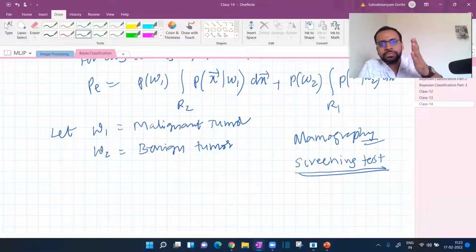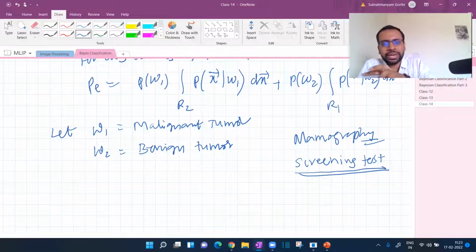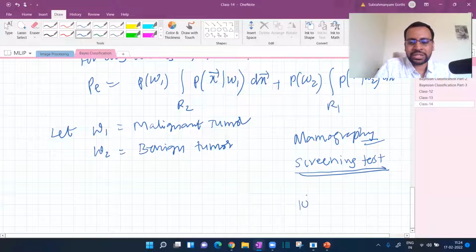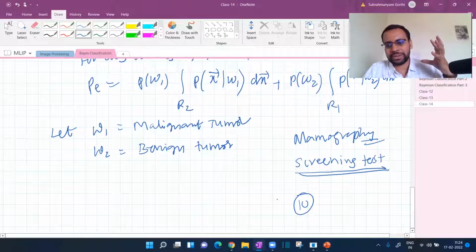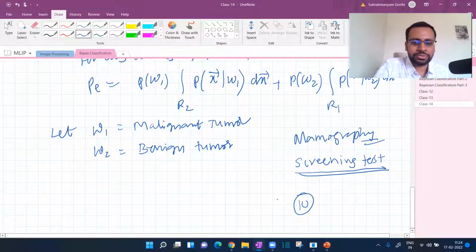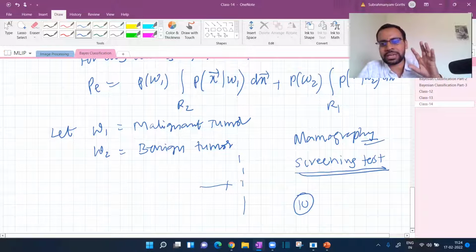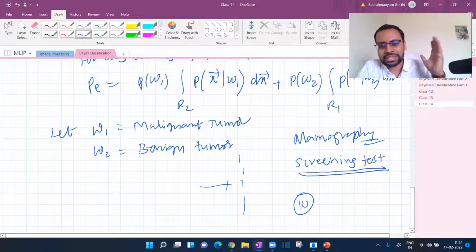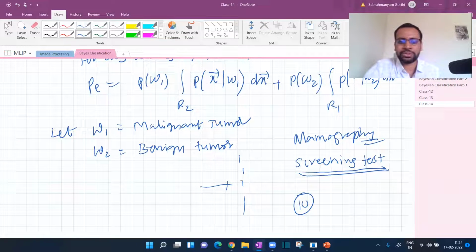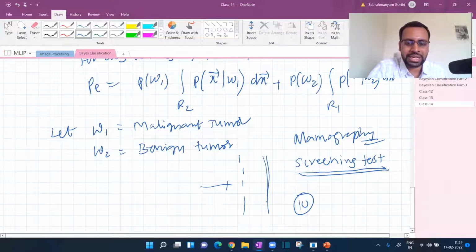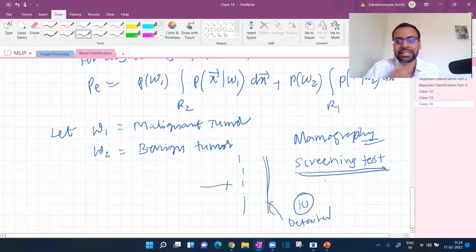You screen them, and on these 100 people, you would do a detailed test. Let's say all I need is 10 students. It is okay if a below average student passes through the screening and comes to the next level, because here you are going to do a very detailed test, but not the other way around.